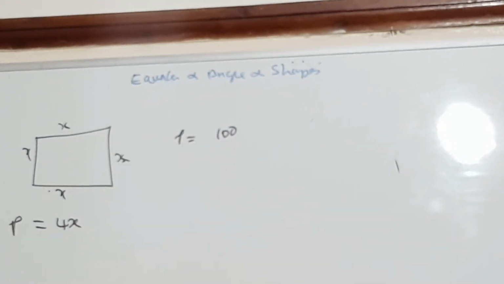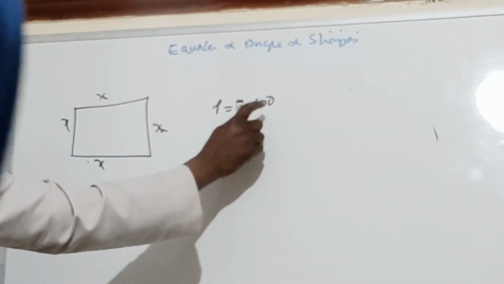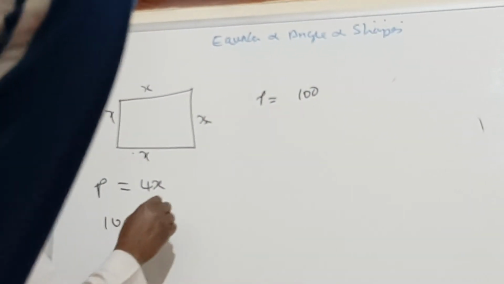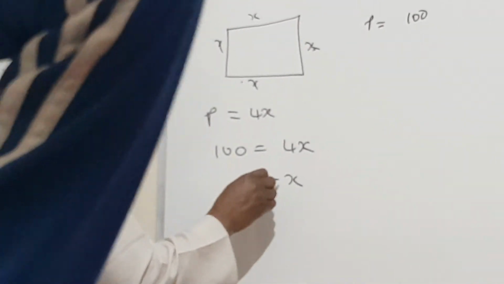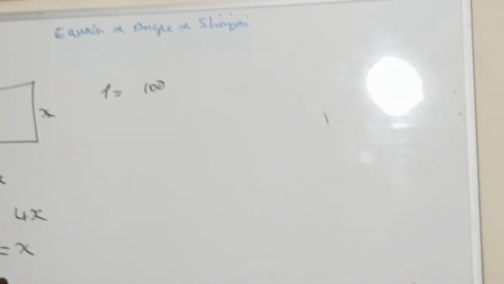Yes, that's the perimeter, 4x. So the question said the perimeter is equal to 100. Therefore, 100 is equal to 4x. Therefore, x is equal to what? 100 divided by 4. So x is equal to 25 centimeters.